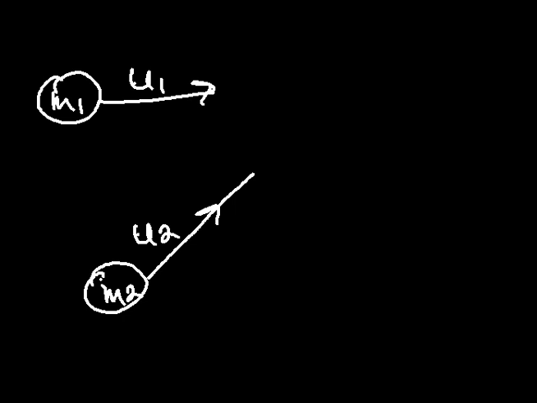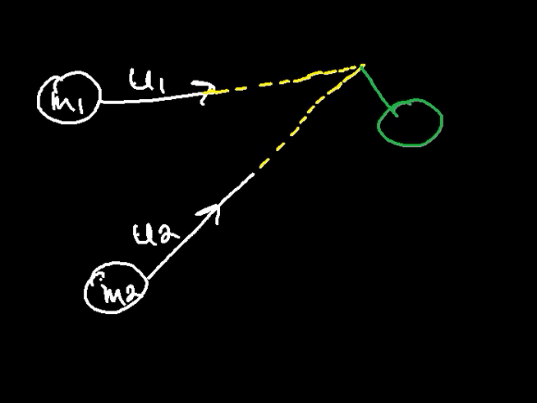So now, assuming that upon reaching some point, let's say this is the point, the two objects collided elastically, where the other object happens, let's say, to go in this direction.